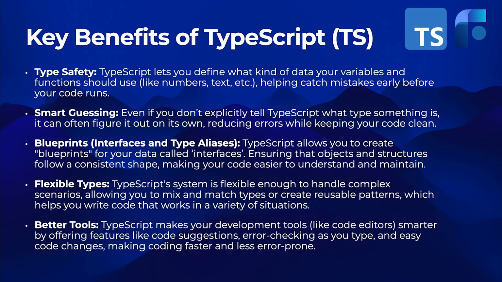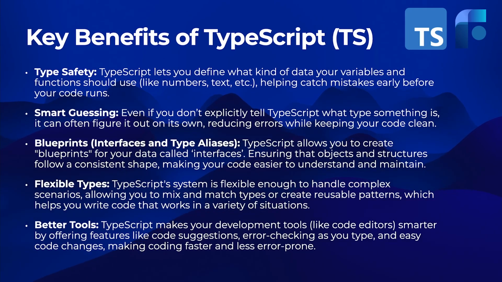So here are some of the key benefits of TypeScript. Number one, this is the biggest benefit, is type safety. So when we say type safety, we're talking about, let's say, for example, we have a string or a title that is a type of string, and we're trying to pass that information through, and somebody puts a number in instead and tries to put a number as the title.